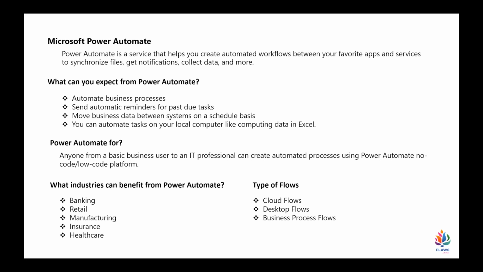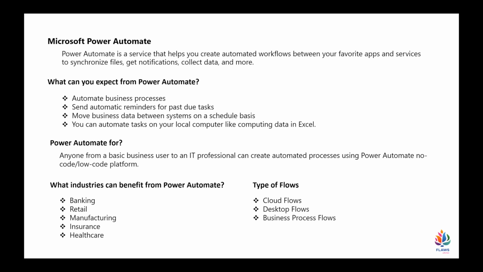Some of the tasks we are doing repeatedly on a daily basis, right? Based on those tasks we can automate and deploy them into a cloud platform, automatically scheduled, and that will be triggered automatically.